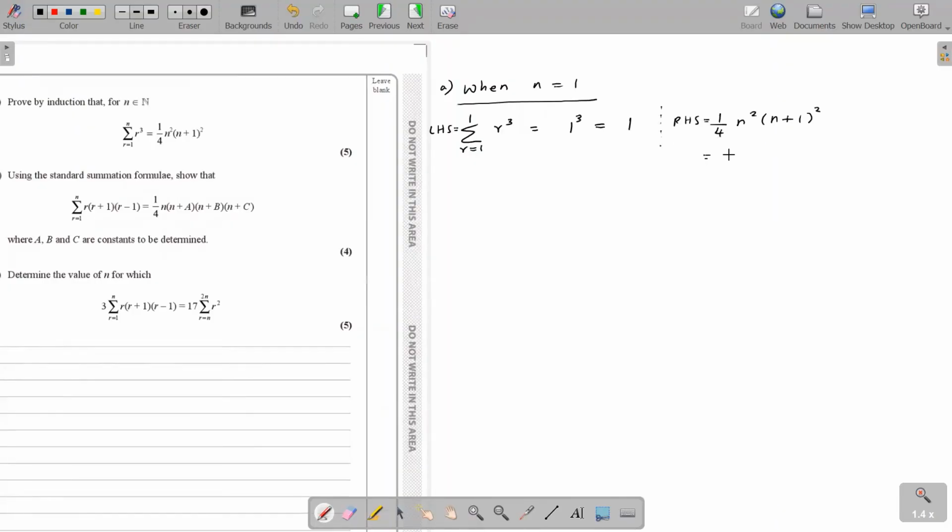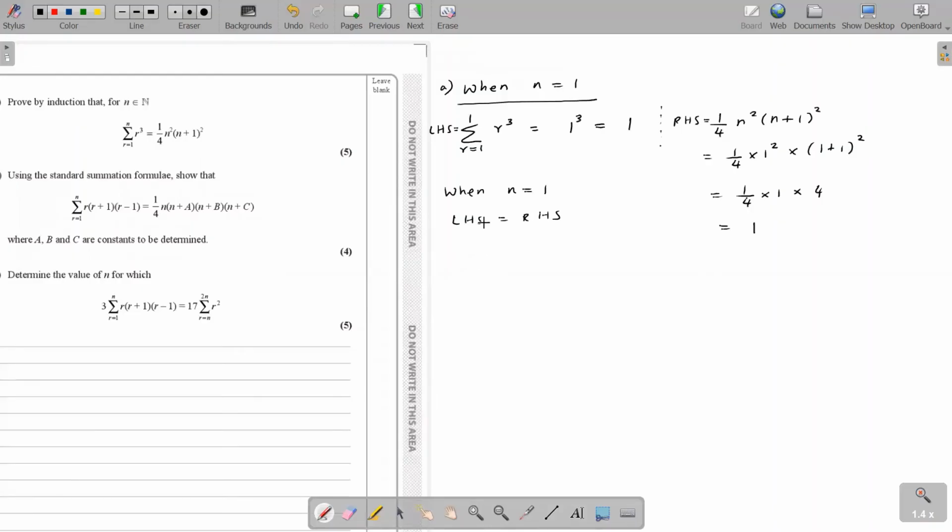So what do we get when n equals 1? 1/4 into 1 square times (1 plus 1) square. 1/4 into 1 square is 1. 1 plus 1 is 2. 2 square is 4. 1/4 into 1 into 4 is 1. So the left hand side and right hand side are equal, right? Therefore, the summation result is true when n equals 1.